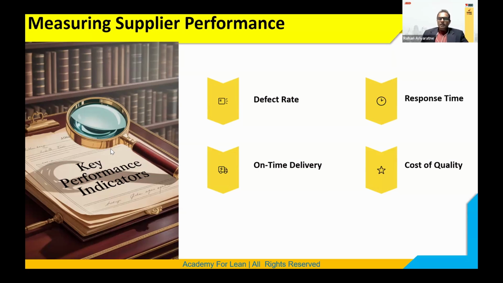And finally, cost of quality directly impacts our cost of quality, so you have to monitor their cost of quality as well. Previously, we might have covered that in the last session, the cost of quality segment. These are the key areas you look at for performance measurement of the supply side.